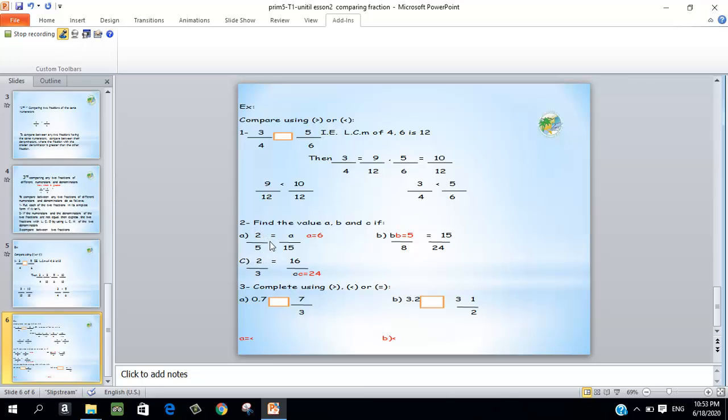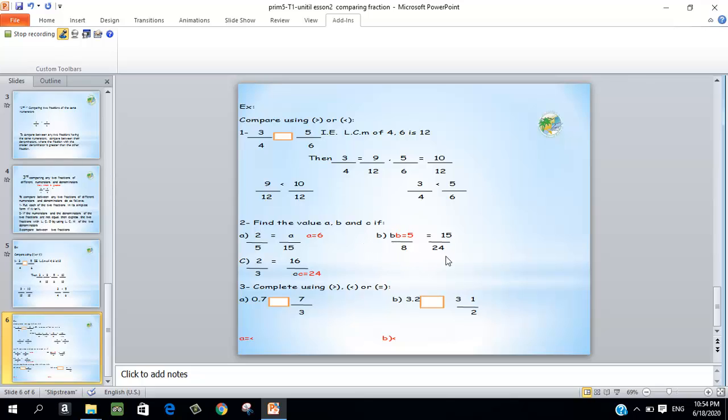So 5 times which number equals 15? 5 times 3 equals 15. Then 2 times which number equals A? We multiplied the denominator by 3, so the 2 also multiplied by 3. 2 times 3 equals 6. Then A equals 6.